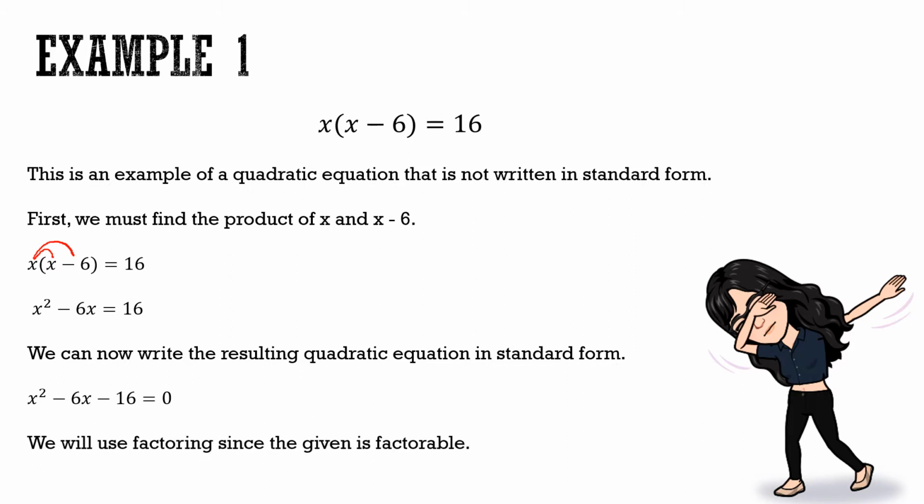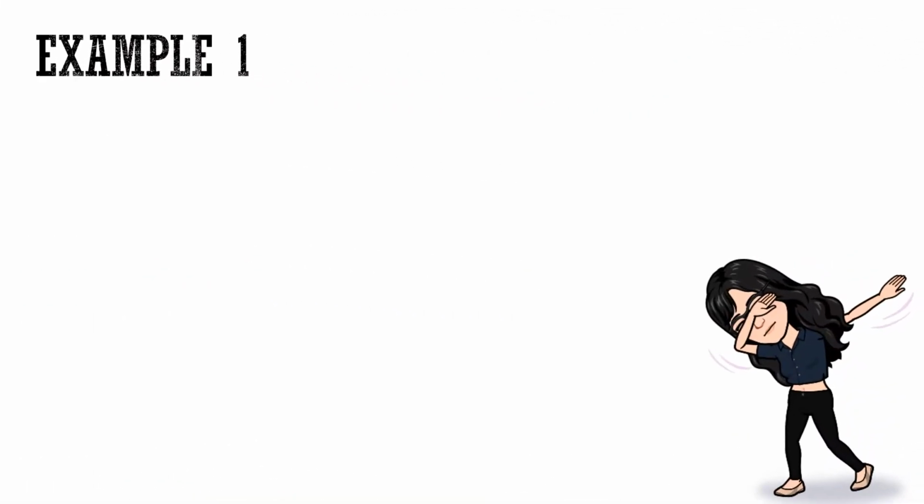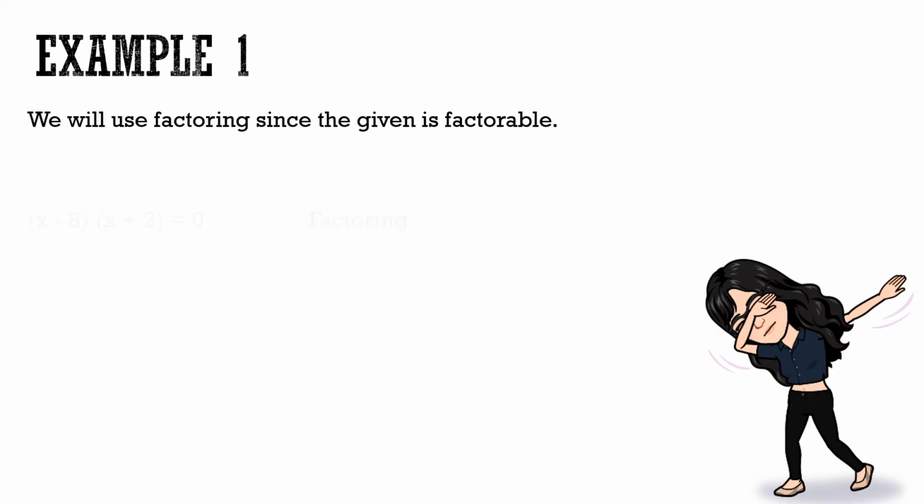We will use factoring since the given is factorable. The factors of x squared minus 6x minus 16 equals 0 are x minus 8 times the quantity x plus 2 equals 0.